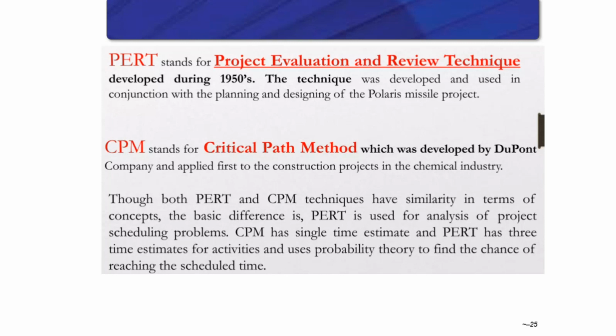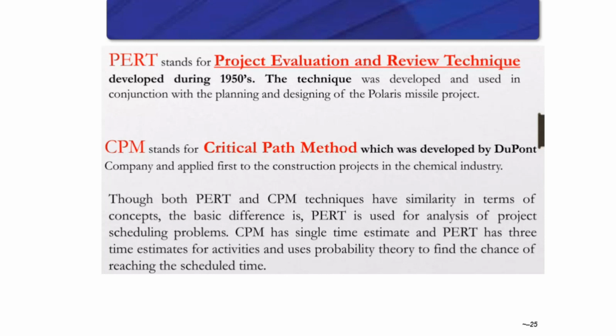The critical path method is a project management tool used to plan, schedule, and control complex projects. You can see here, it was developed during the 1950s. The technique was developed and used in a lot of very big projects in the US. CPM was developed at DuPont, and PERT was developed in association with the Polaris missile project.